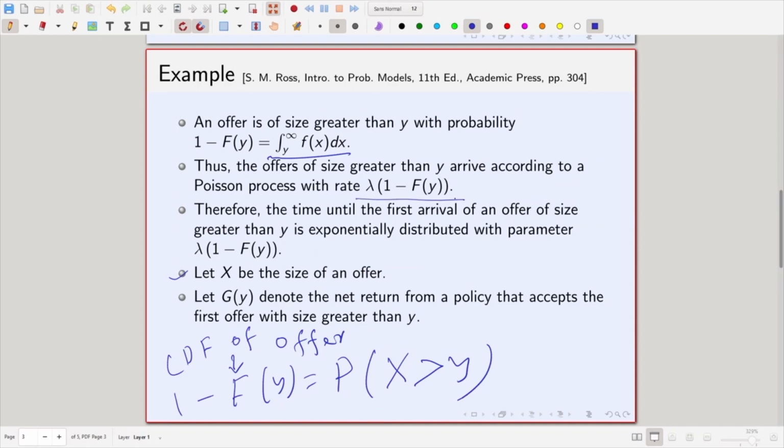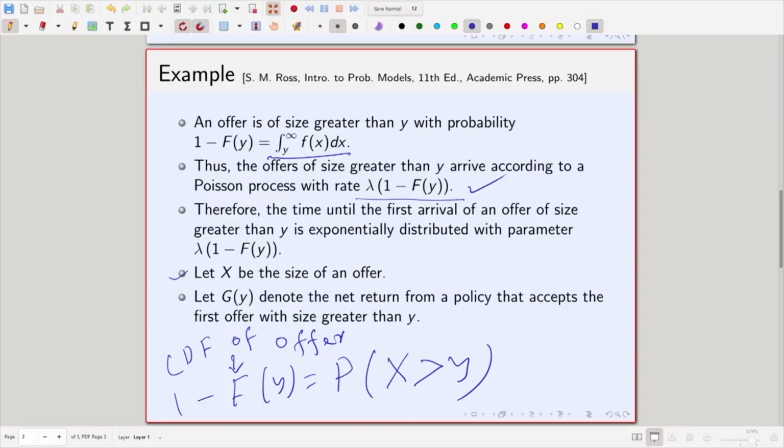Here we are using the concept of Poisson thinning, because an arriving offer will be greater than y with probability 1 minus capital F of y. Offers are arriving at rate lambda. Think of an offer as type 1 if it is greater than y.